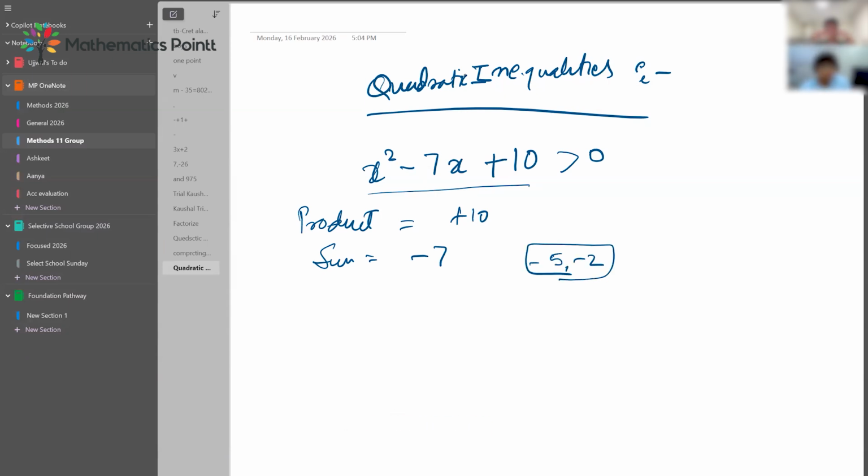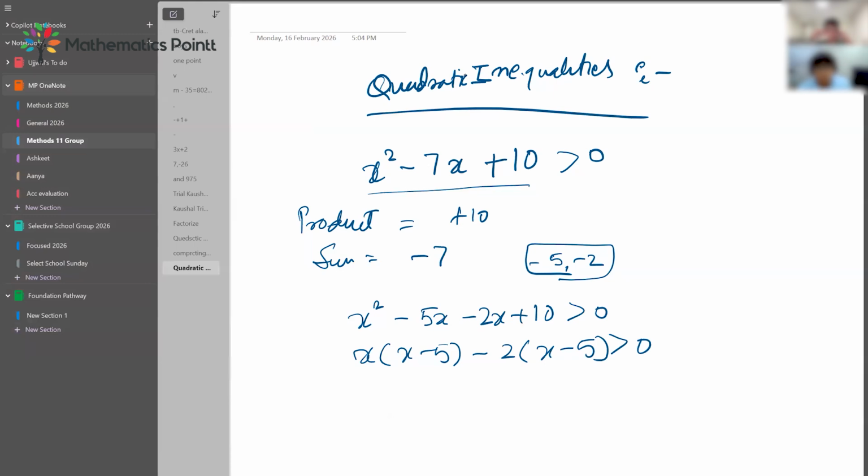All of you agree to this? Yes? Yeah. Negative 5 and negative 2. Cool. So I say x squared minus 5x minus 2x plus 10 greater than 0. x common, x take away 5, minus 2 common, x take away 5, greater than 0. And I get (x minus 5)(x minus 2) greater than 0.